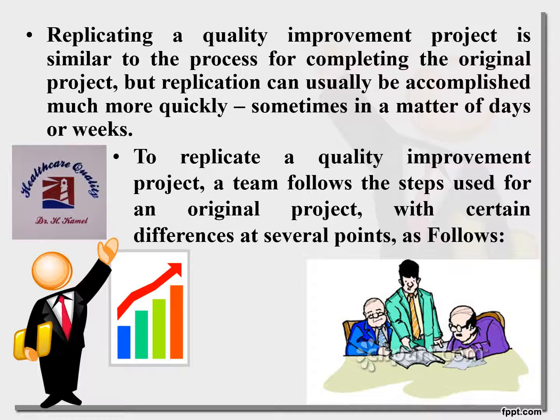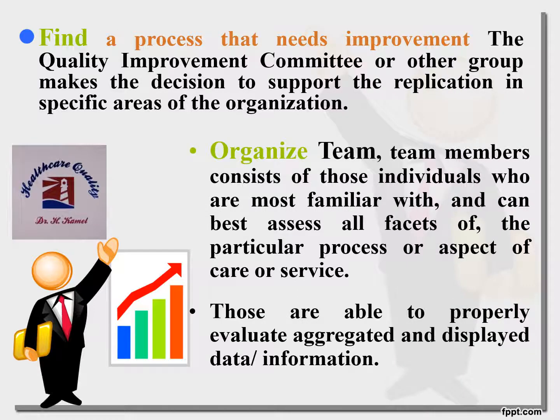To replicate a quality improvement project, a team follows the steps used for an original project, with certain differences at several points, as follows. Find a process that needs improvement. The Quality Improvement Committee or other group makes the decision to support the replication in specific areas of the organization.